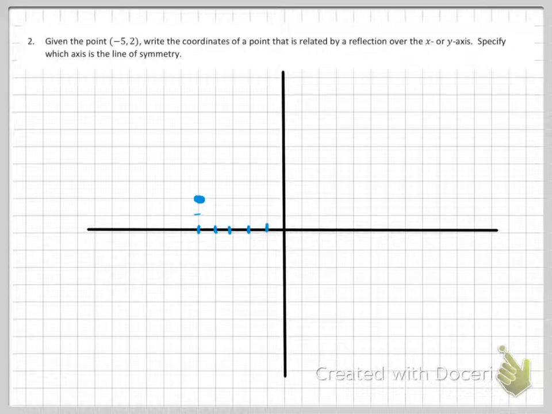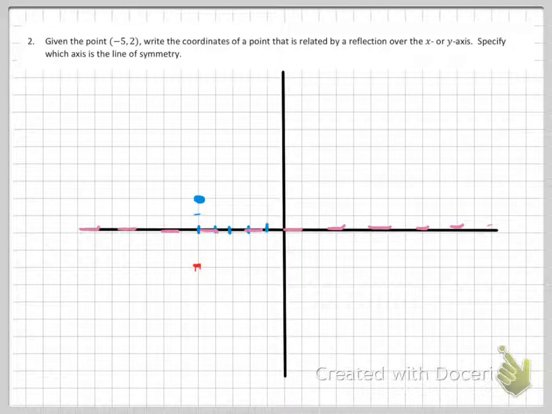Okay, and then we are to write the new coordinates of a point that is related by a reflection over the x or the y. We'll do both. Here is a reflection over the x-axis. Here's the x-axis. So that is our line of reflection. That means my new point is going to be the same distance from the x-axis, on the other side. So it's right here.